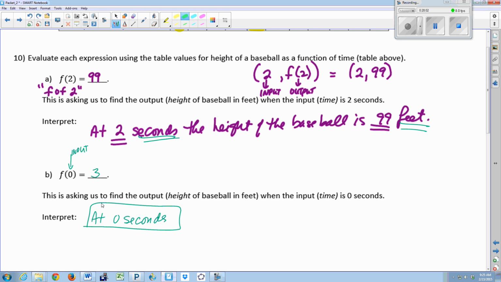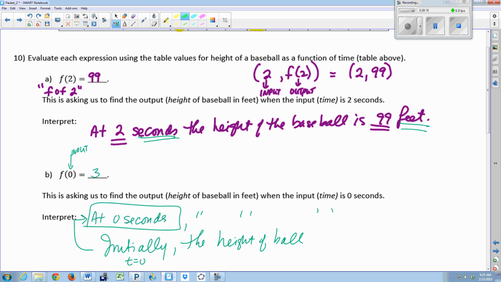So you can say at 0 seconds, or you can use this word initially. That means the same thing. It means t equals 0. Initially, the height of the baseball is 3 feet above the ground.